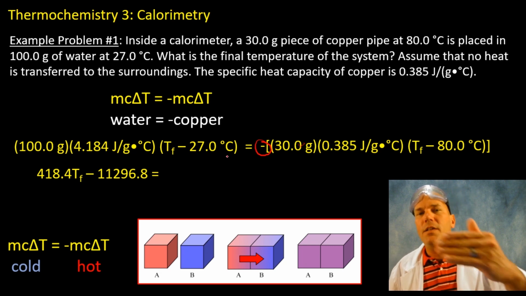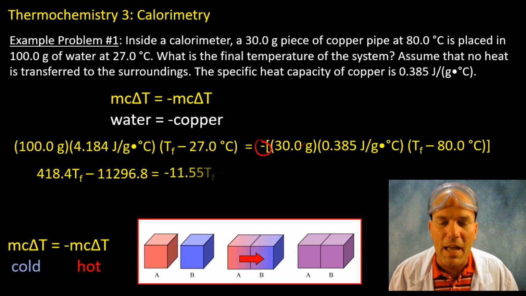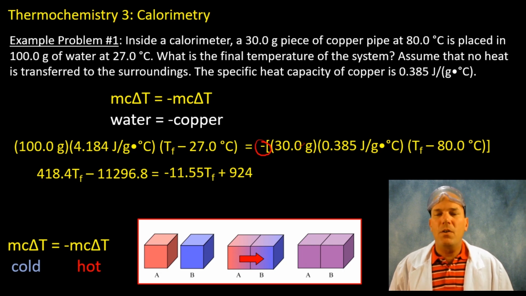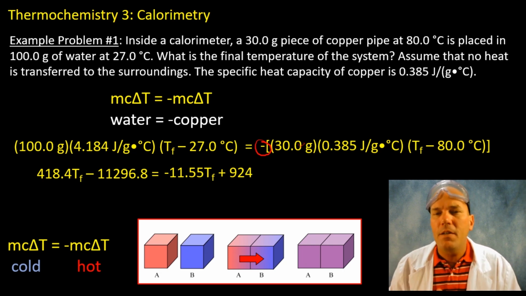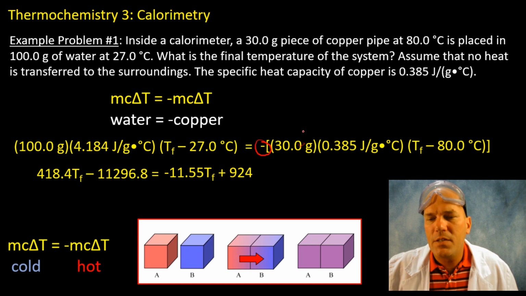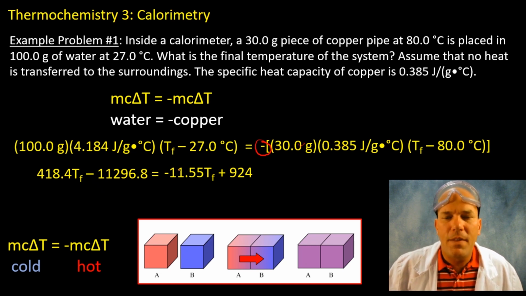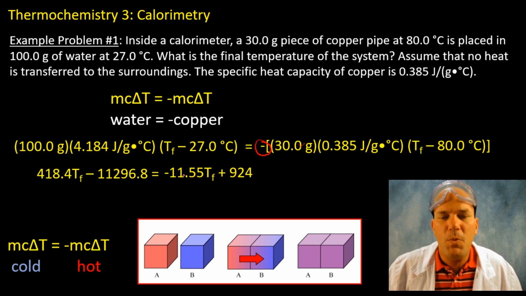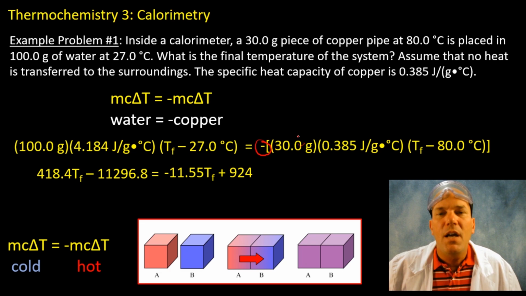And so now let's do the same thing for the right side. All right, you're going to multiply 30 and 0.385. That's where this negative 11.55 comes from. Distributive property of multiplication, 11.55 multiplied by T final.